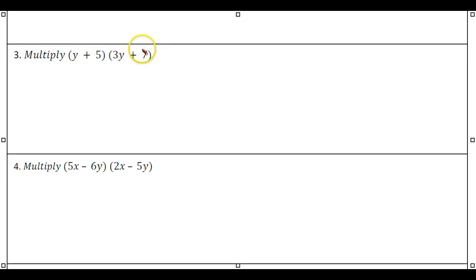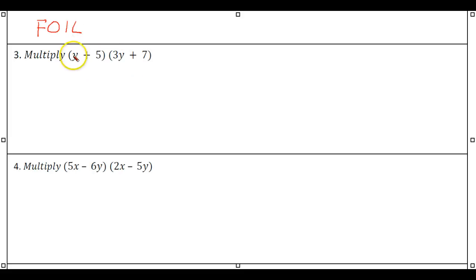Now, for example 3, we are multiplying a binomial, that is two terms, by a binomial. And there's a couple of ways to do it. Eventually, we're going to use, of course, the FOIL. But I did want to show you the other ways.